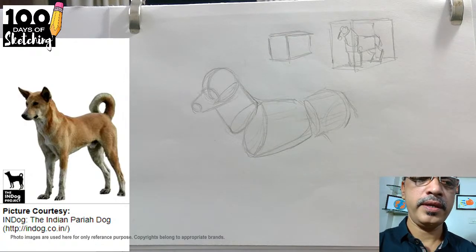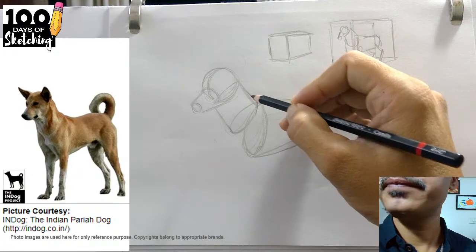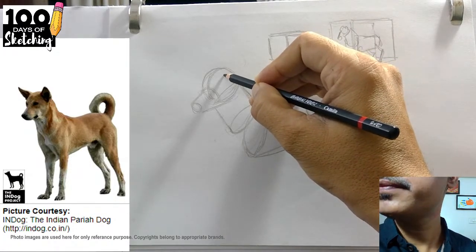Okay, and now we come back to this one, the ears.